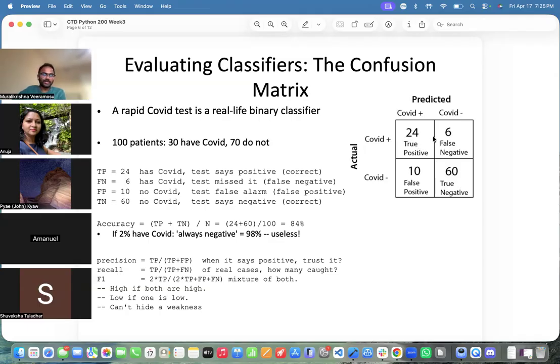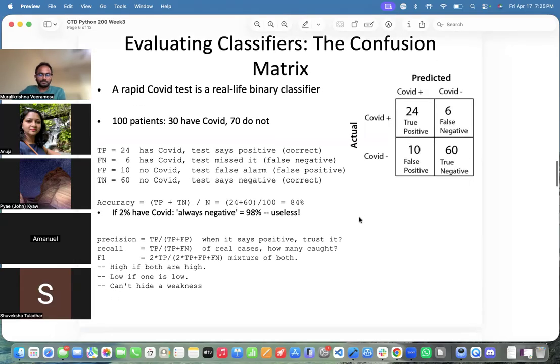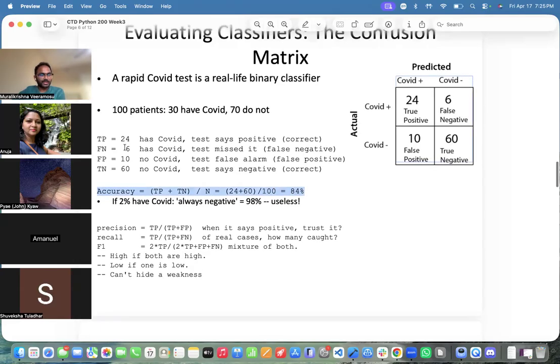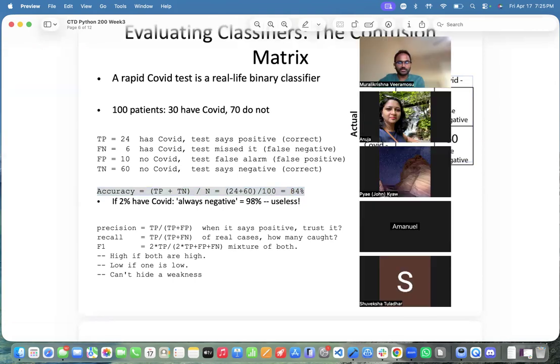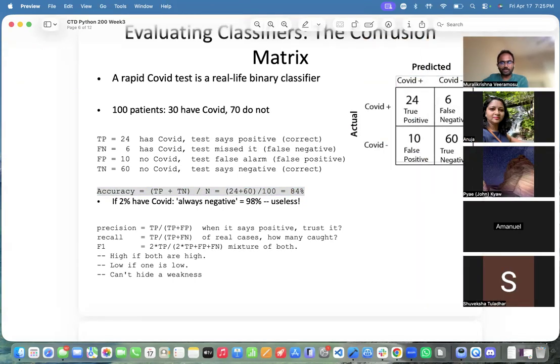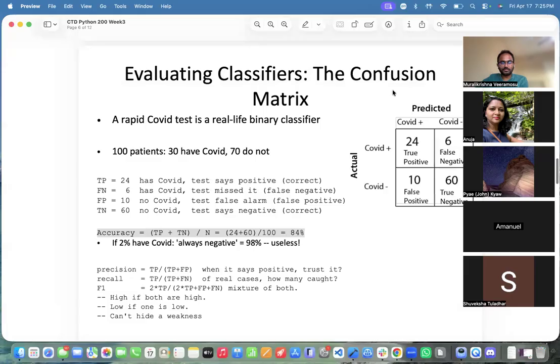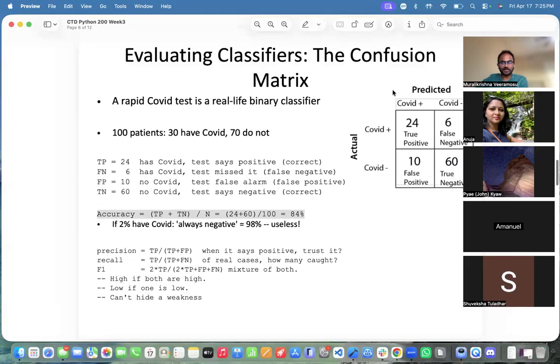This is how we look at the confusion matrix. So for 84 people, it predicted correctly. So our accuracy of the model is 84%. And accuracy is one parameter we look at while evaluating the classifier, right?